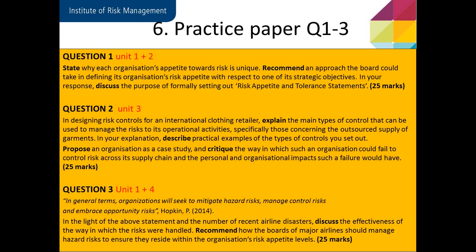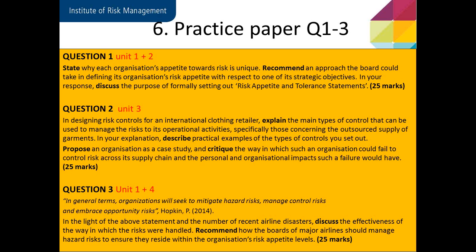So you've actually got to desegregate it into your Part A, Part B and Part C that you might have been accustomed to from earlier papers. The command verbs enable you to do this. So in question 1, state why each organisation's appetite to risk is unique, is in a way Part A. Then recommend an approach that the board can take in defining each organisation's risk appetite.